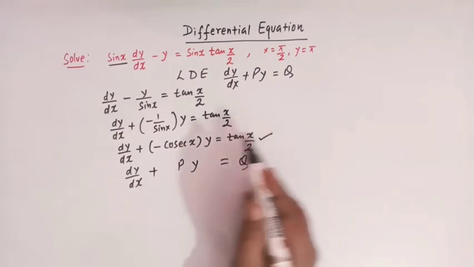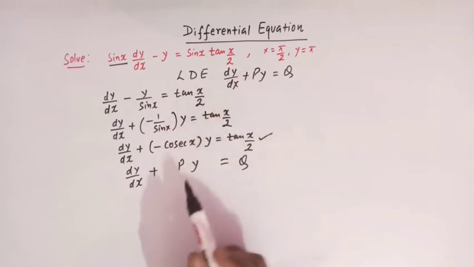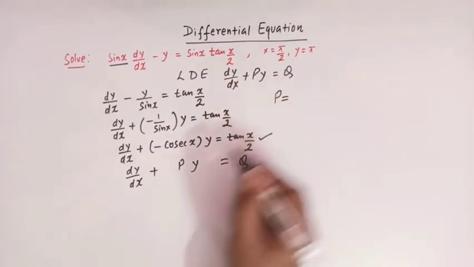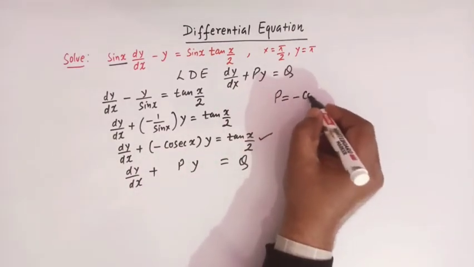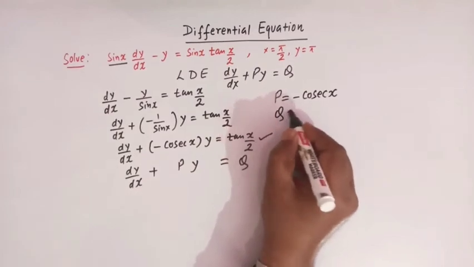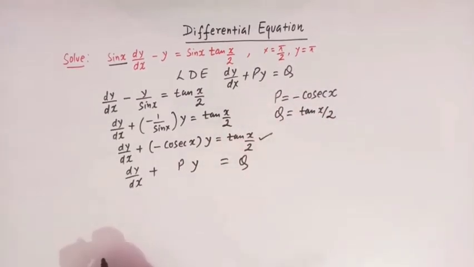So this is a linear differential equation of the type dy/dx plus py equals q, and if we compare, the value of p is minus cosec x and the value of q is tan(x/2).